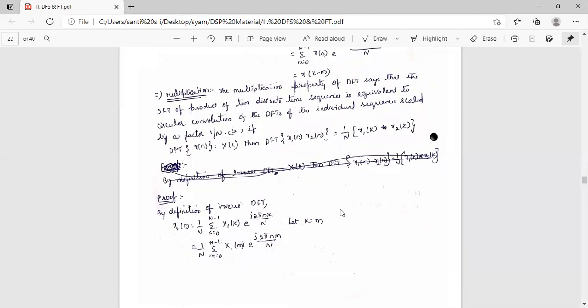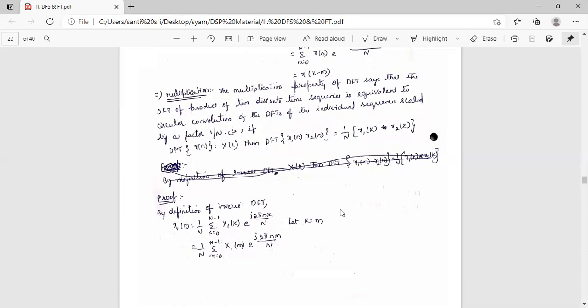The multiplication property of DFT says that the DFT of the product of two discrete time sequences is equivalent to the circular convolution of the DFTs of the individual sequences scaled by a factor 1 by N. So simply, multiplication in time becomes circular convolution of the DFT sequences, scaled by a factor 1 by N.